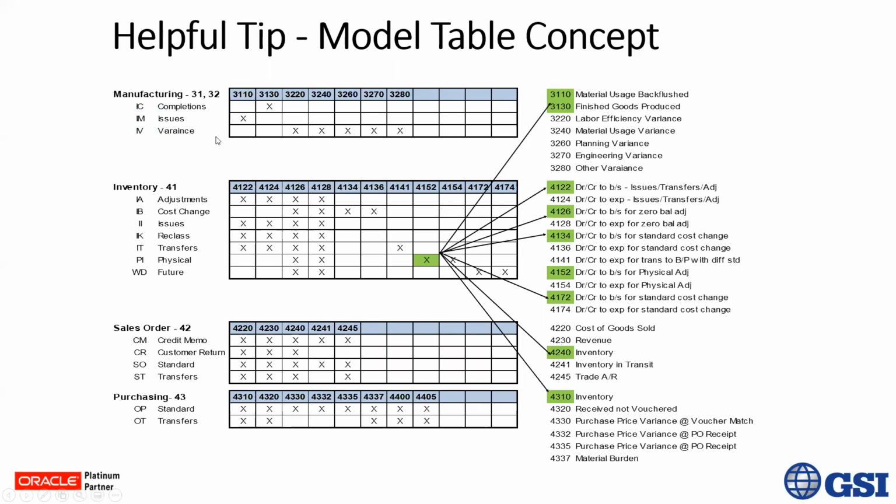In manufacturing, if I do a work order completion, I'm going to do 3130. The 3120 table for work in process is not listed here intentionally, but the other side would be work in process, the same with material issues. And here are the DMAAIs used for variance calculations. For inventory, here are the adjustments, cost changes, issues, reclass transfer, physicals, future costs. You can see the tables that get invoked.